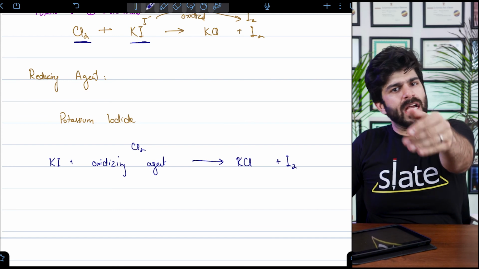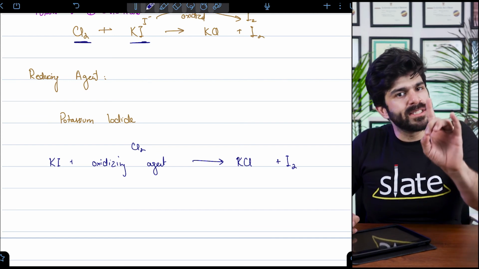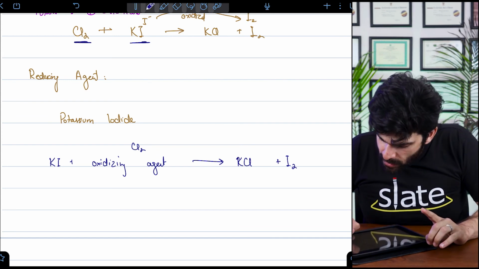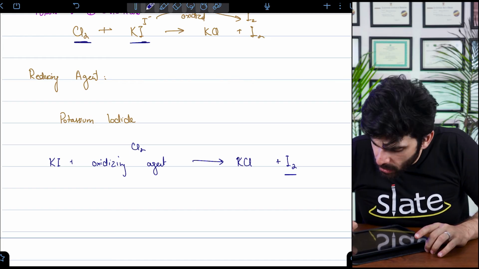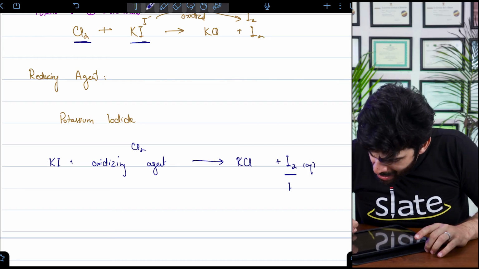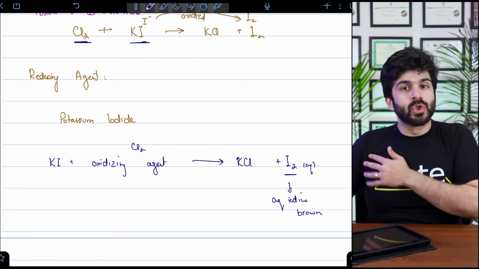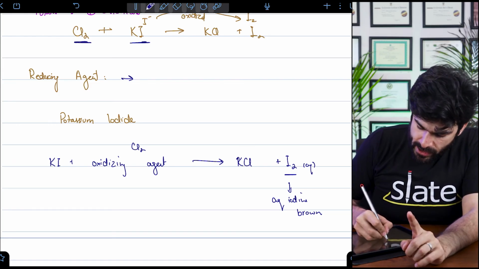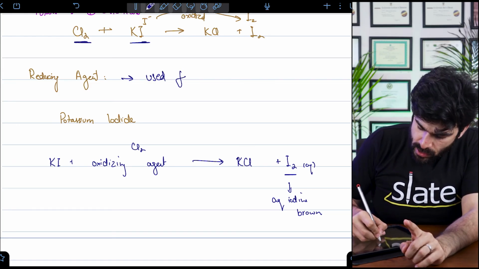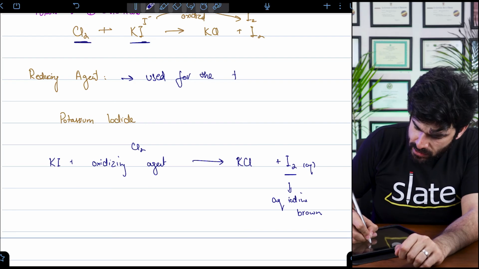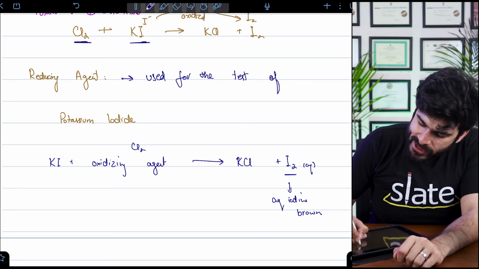So iodide has oxidized for sure. But there is another important thing. Iodine has a color in aqueous solution. Aqueous iodine is brown. So a reducing agent is used for the test of oxidizing agent.